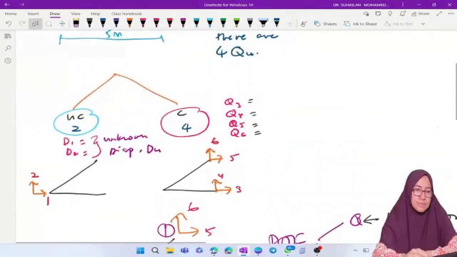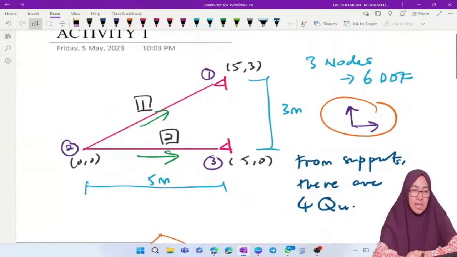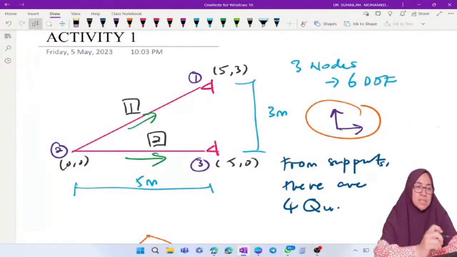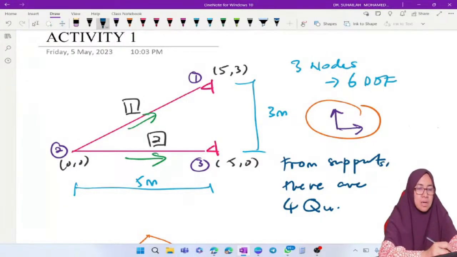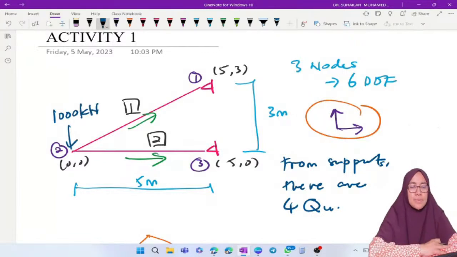Let's say this truss has a loading of 1000 kilonewton at node 2.